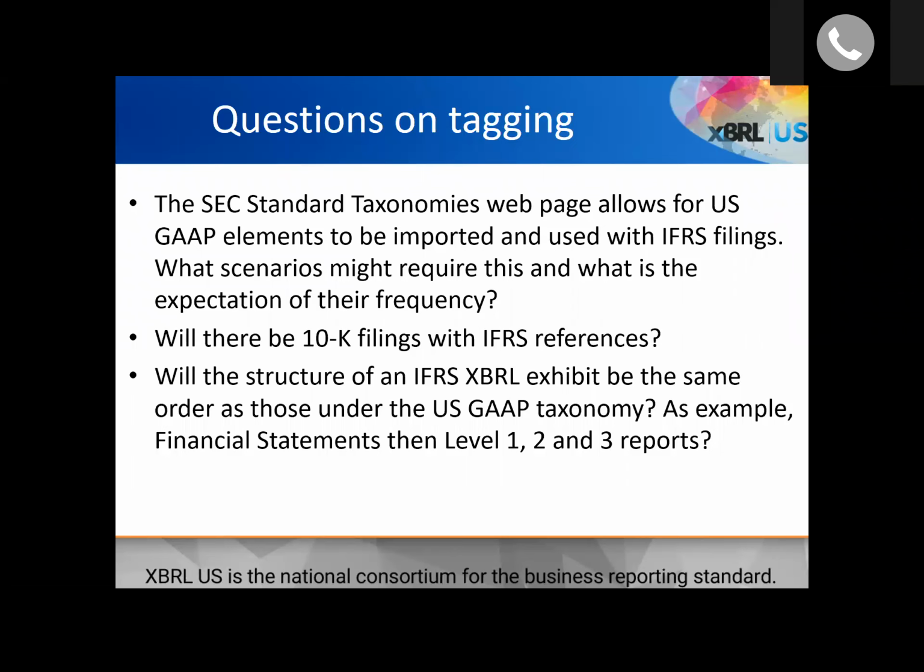Essentially, if you are on a Form 10-K or filing 10-Qs, you would meet the requirements of the domestic forms, but you would also use the IFRS taxonomy. There are very few that do that, but it is something that we see.